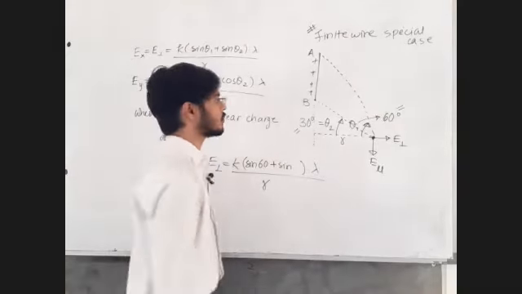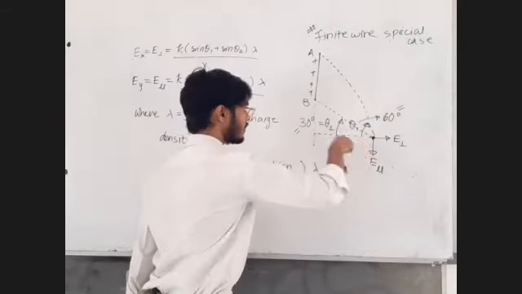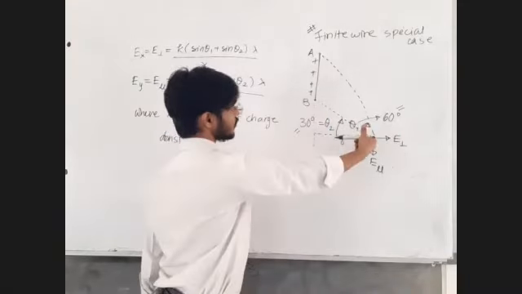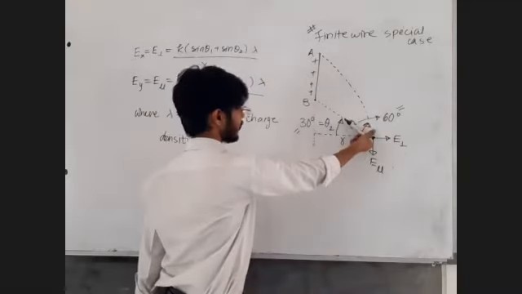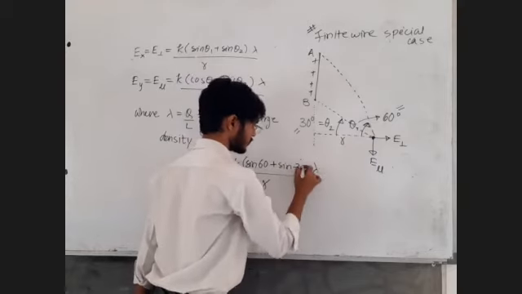Now the lower point angle should be measured downward, only then it will be positive. But sir, for the lower point also we had measured the angle upward, so it must be a negative angle.